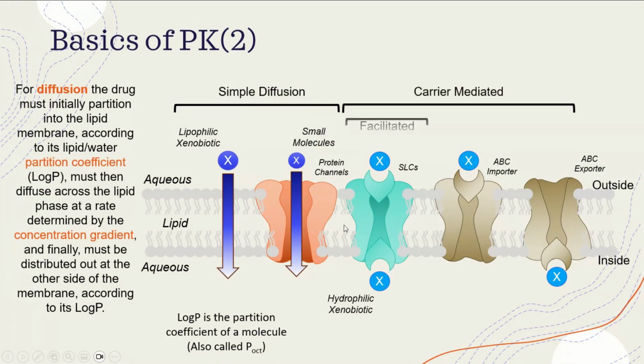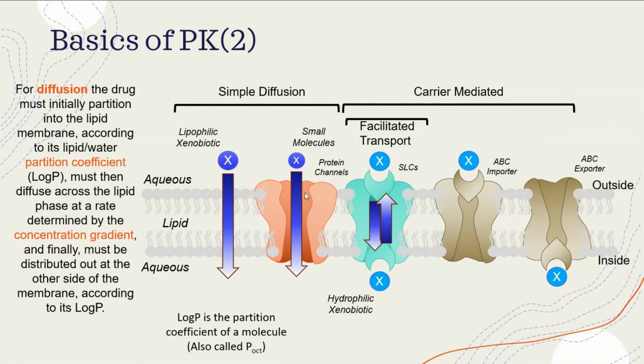Now, if you have a more water-soluble drug or a hydrophilic xenobiotic, then they can't transverse that membrane by simple diffusion. And then we have developed different carrier-mediated or protein-mediated ways that the xenobiotic can cross. And the first one shown here is facilitated transport.